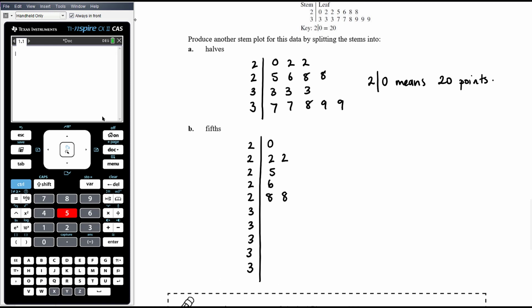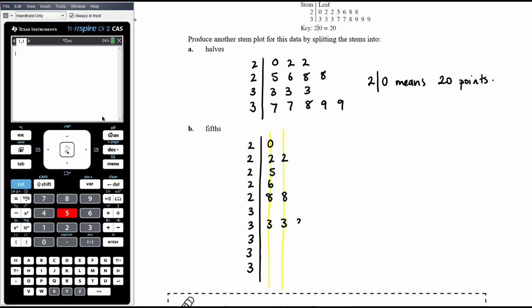Alright, then the 3s, so 30 and 31, there aren't any, 32 and 33, yes, there's 3 33s. Again, try and keep things lined up vertically. Okay, probably might just move that one in a bit.